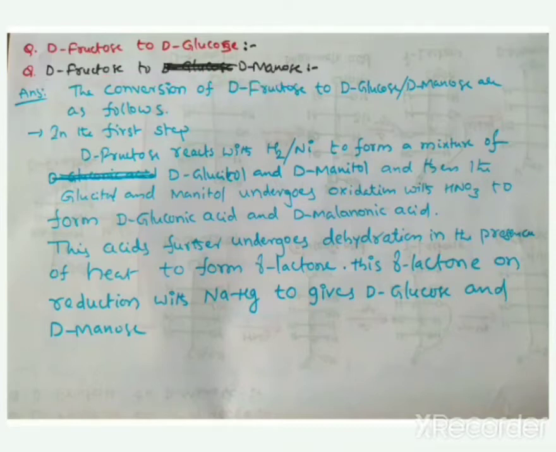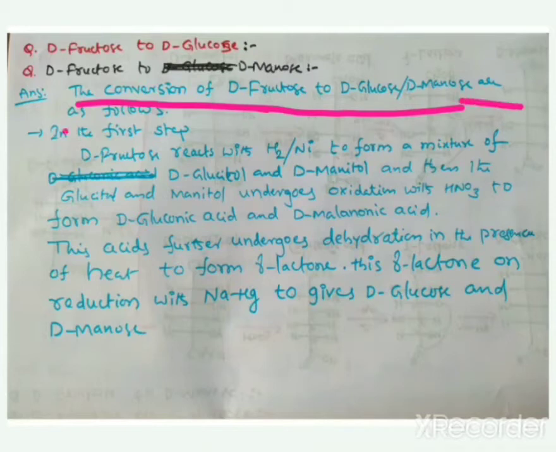Dear students, these two questions are different, but there is only one method for the answer. So first we discuss the procedure. What is the procedure for D-fructose to D-glucose? The conversion of D-fructose to D-glucose and D-mannose is as follows.